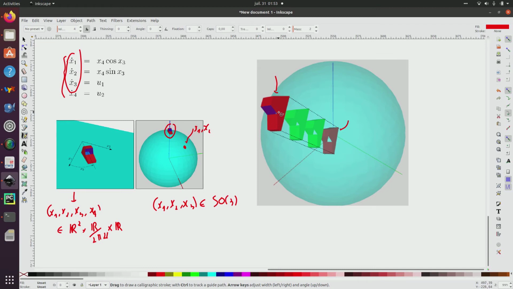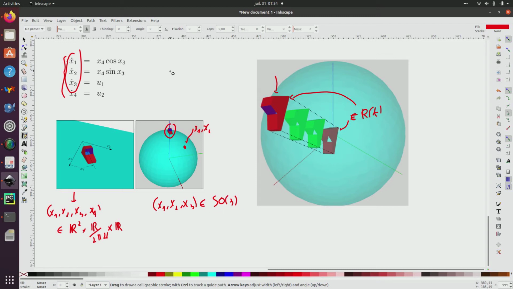And if I have one pose, like the red car, I can associate an orientation. So the orientation can be represented by a rotation matrix. I will call it R of t when it moves with t. And I can also represent the pose by R of t. So x1, x2, x3 corresponds to an orientation, and it is an element of SO3.